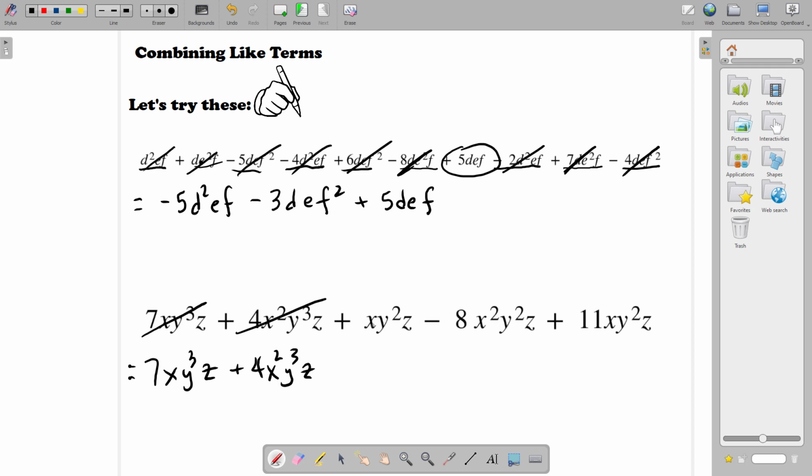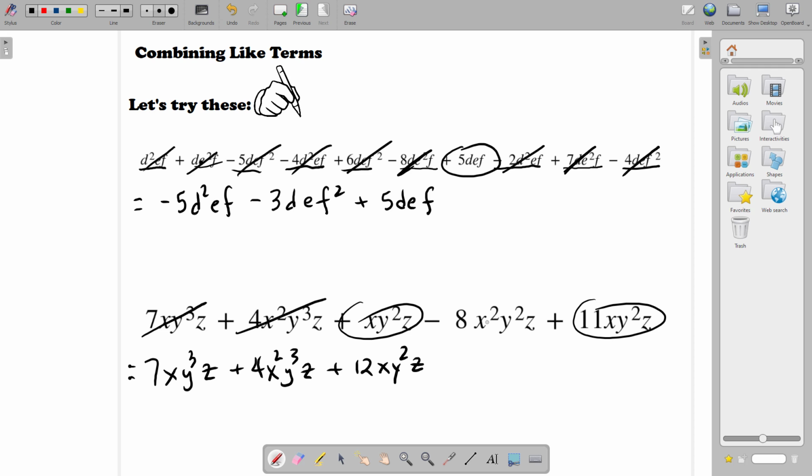I have an x y squared z. Here's an x y squared z, so I have this one and this one, a positive 1 and a positive 11 is a positive 12 x y squared z.